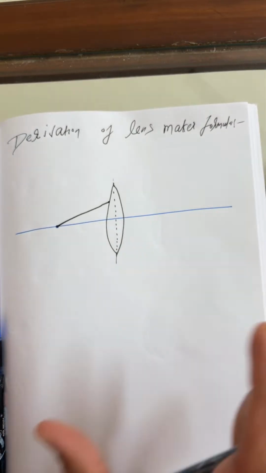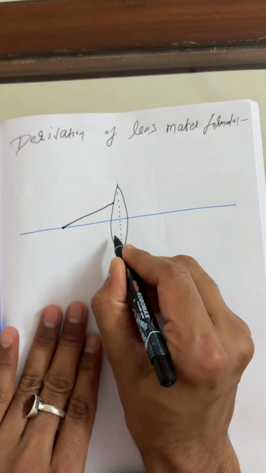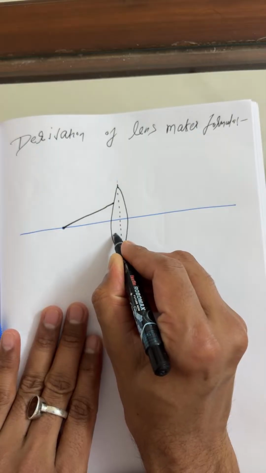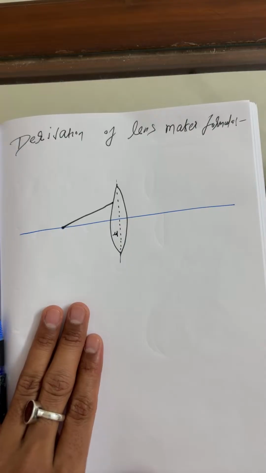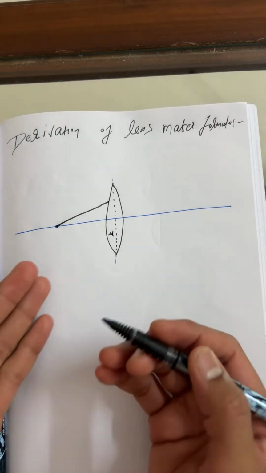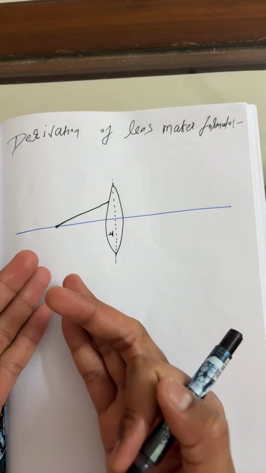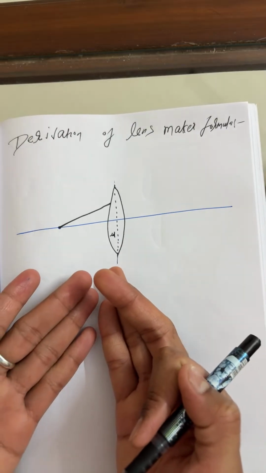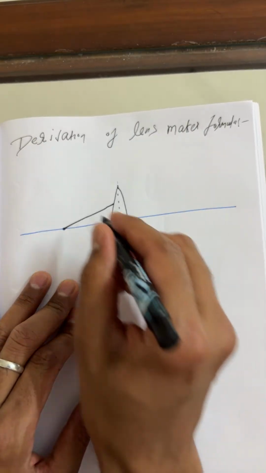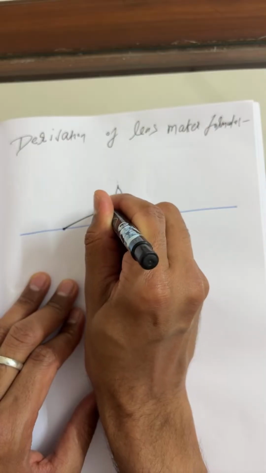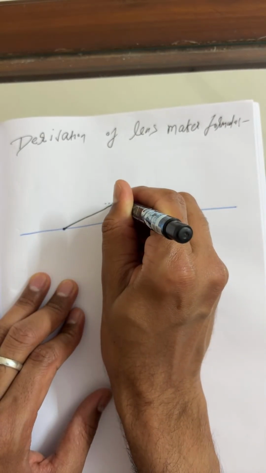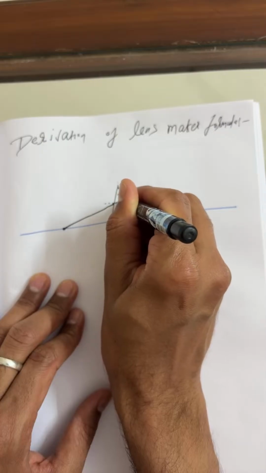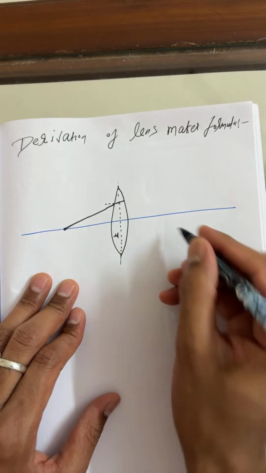For the lens, I'm not telling any numerical value. Let us say this is mu. If a ray is going from rarer to denser, it bends towards the normal. So first you make the normal over here. So the ray bends towards the normal, right?